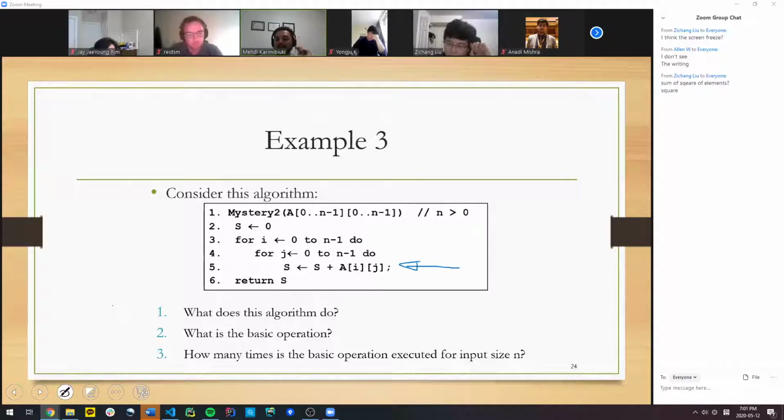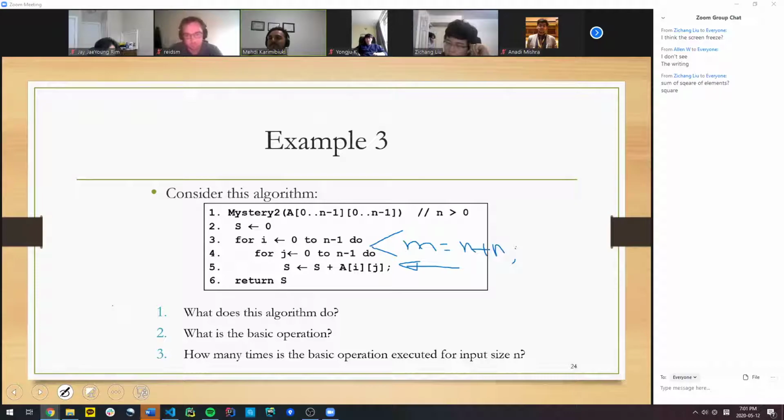If you had a statement between line number 3 and 4, say n or m equal n plus n, something like that, it doesn't matter, because that would have run only n times. That's outside of the inner loop.